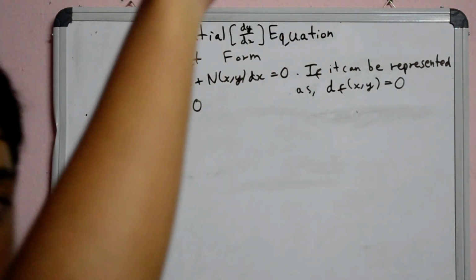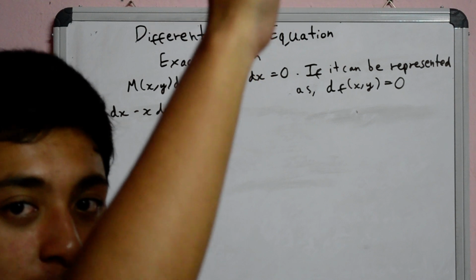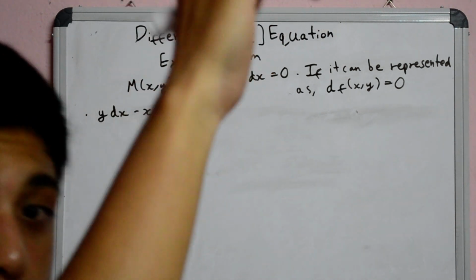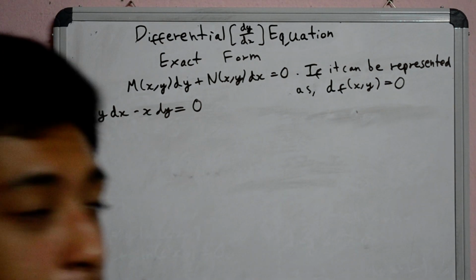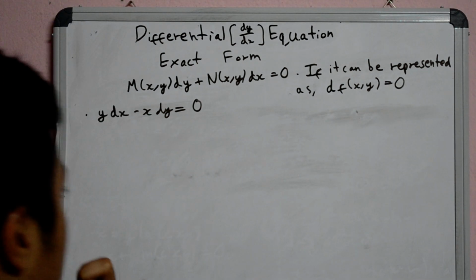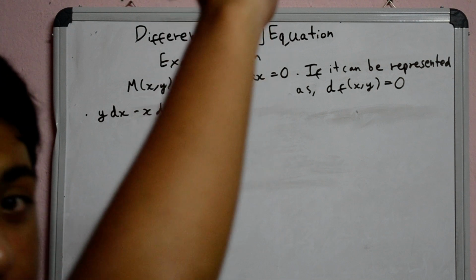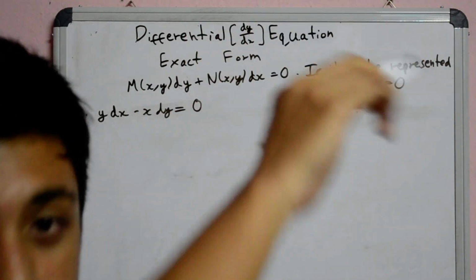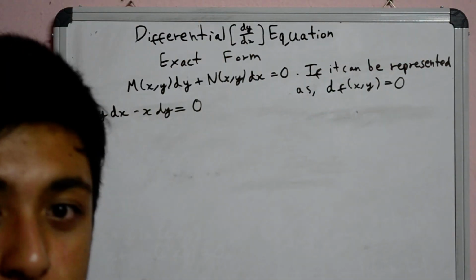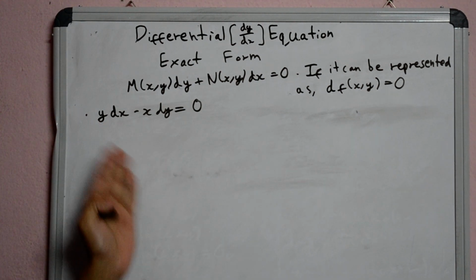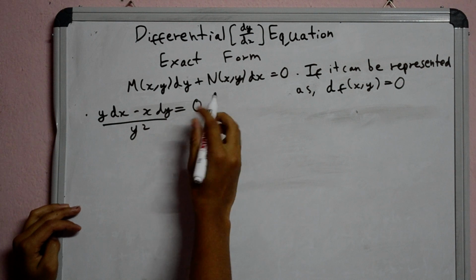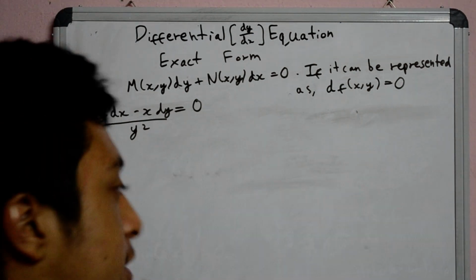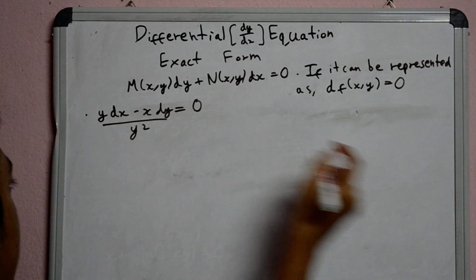The derivative of u by v is (v du/dx minus u dv/dx) over v squared. Since we have a y, let's just divide everything by y squared. Zero divided by anything is 0, so we can just leave it as that.